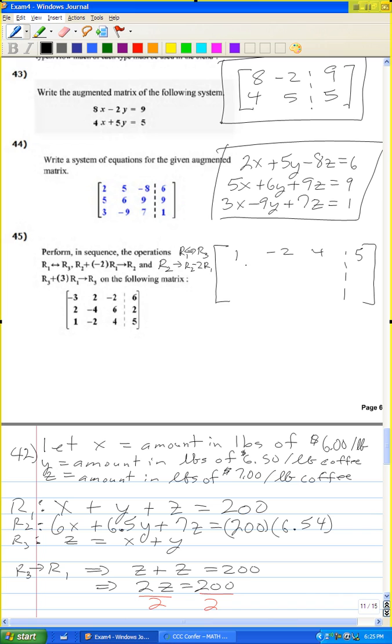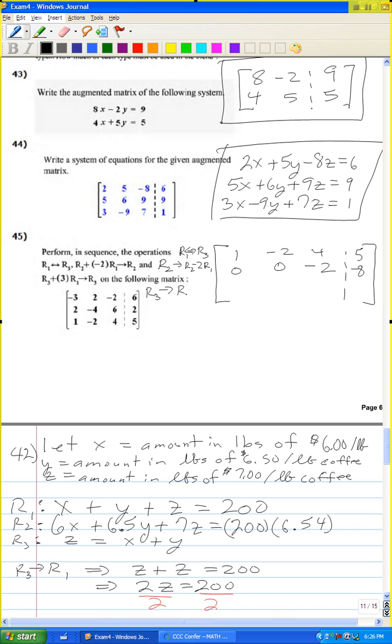Okay, so 2 minus 2 is 0. 4 minus 4, oh, that's 0 also. 6 minus 8 is -2. 2 minus 10, -8.